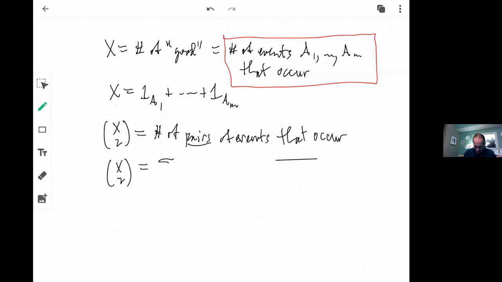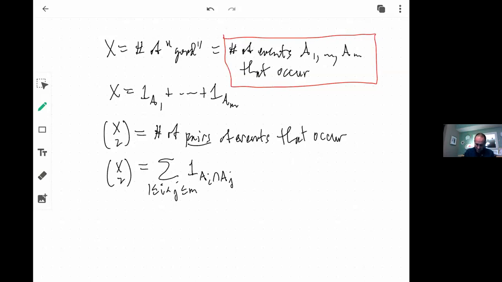So that's just going to be the sum over 1 less than or equal to I less than J less than or equal to M of the indicator of AI and AJ, okay? Right, x choose 2 is the number of pairs of events that occur, but clearly the right-hand side is also counting that. It goes through all possible pairs of events and counts 1 every time a pair of events happens.